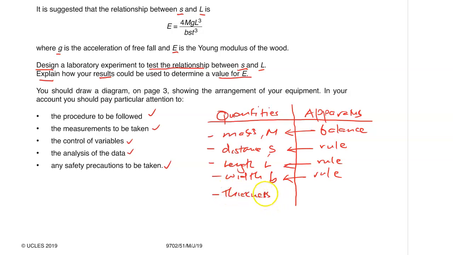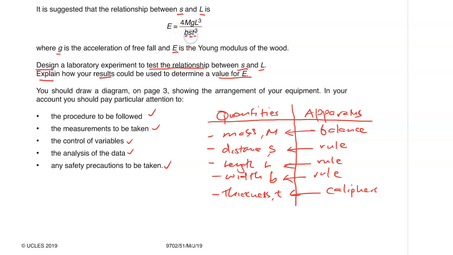For thickness T, we need a vernier calipers. We need calipers to measure that thickness. So these are the quantities that you need to measure. You can see you have B in the expression here.